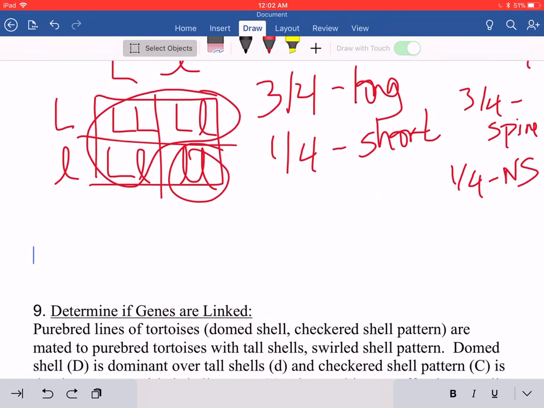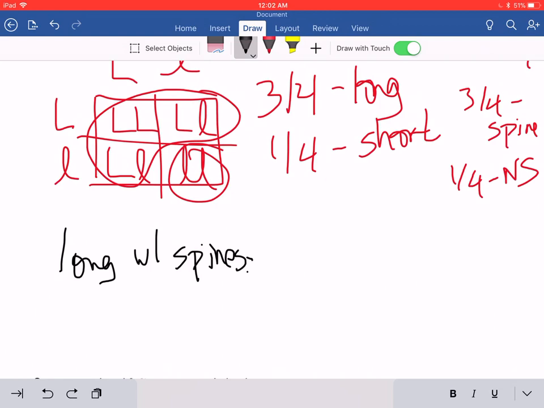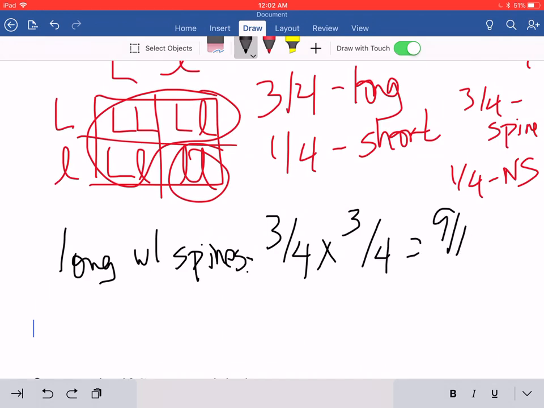And so now we can figure out that we can have individuals who are long with spines, and that's going to be 3/4 times 3/4 or 9/16. We're going to have short spines.